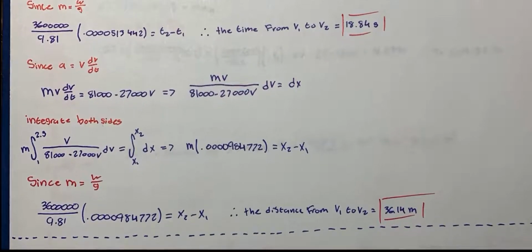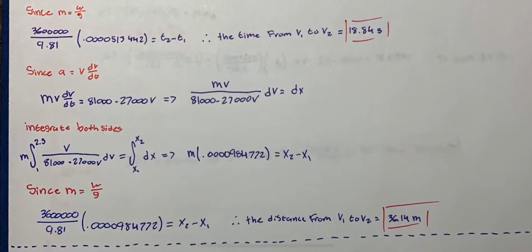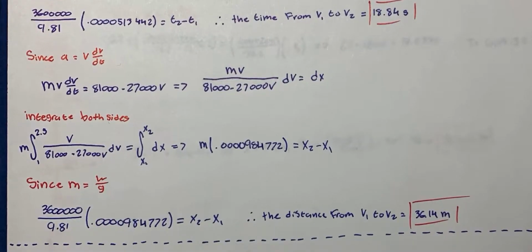And similarly, instead of using a equals dv/dt, we can do a equals v dv/dx. I said dt here, but it's actually dx. So it's m v dv/dx is equal to 81,000 minus 27,000 v.